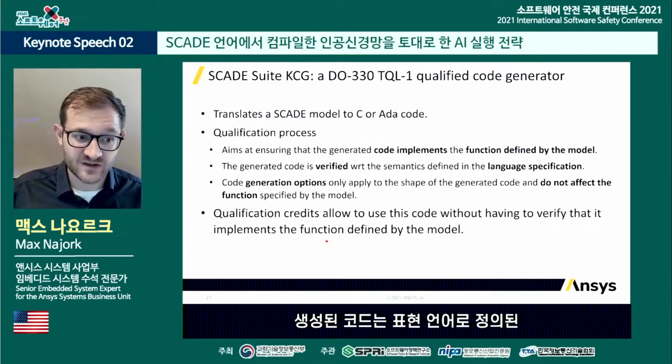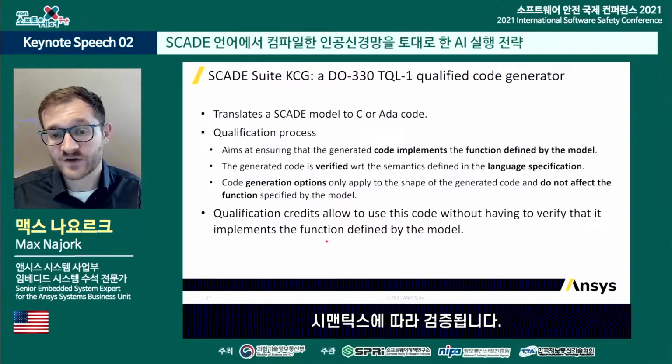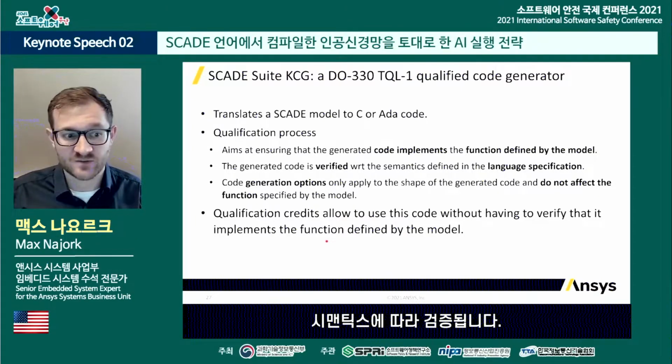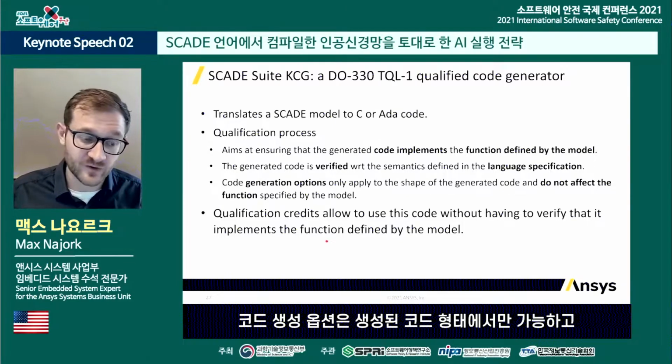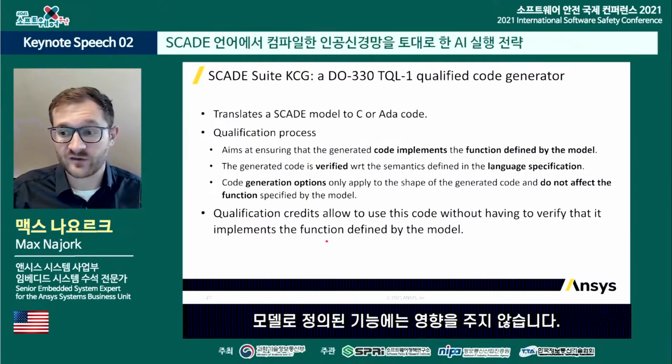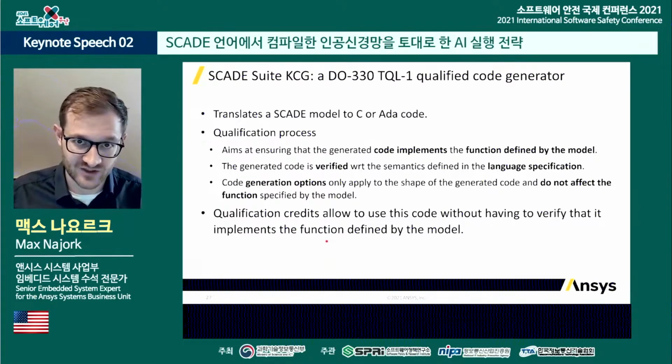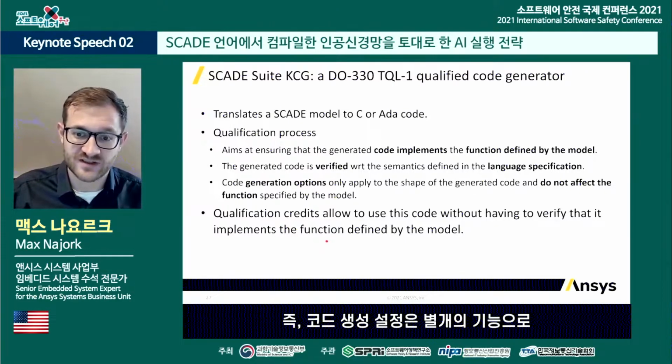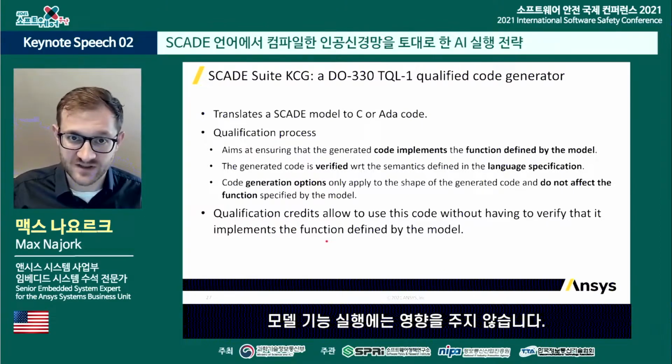That means that the generated code is verified with regards to the semantics defined in this language specification. Furthermore, we show that the code generation options only apply to the shape of the generated code, but do not affect the function specified in the model. So independent of the code generation settings, the function implemented is still the same.